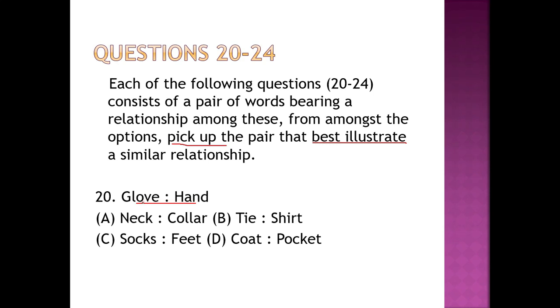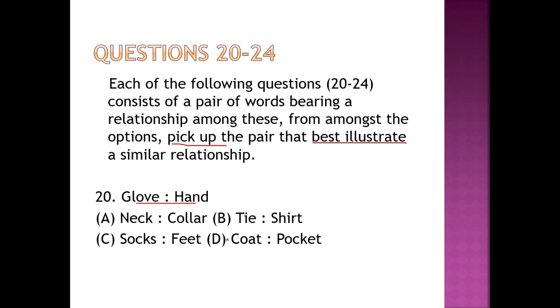The glove and hand. A collar is something that is worn around the neck, or it's on your shirt, however you look at it. A tie goes with a shirt, and a pocket is part of a coat, right?